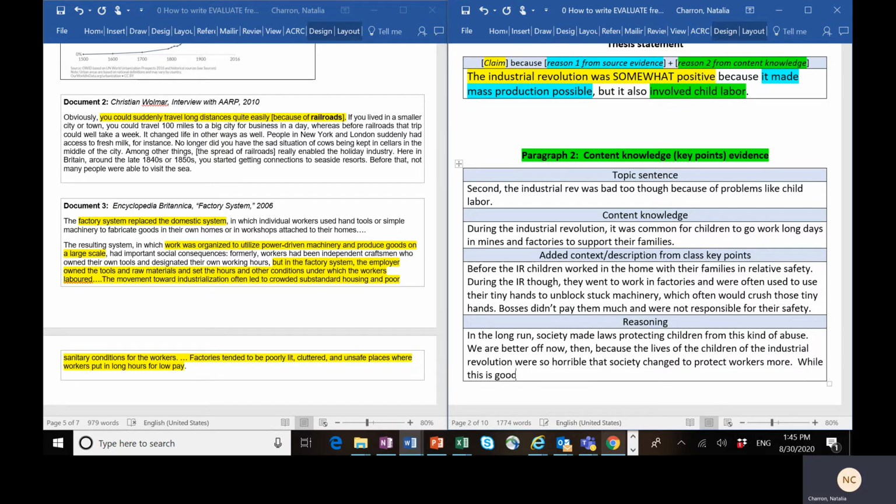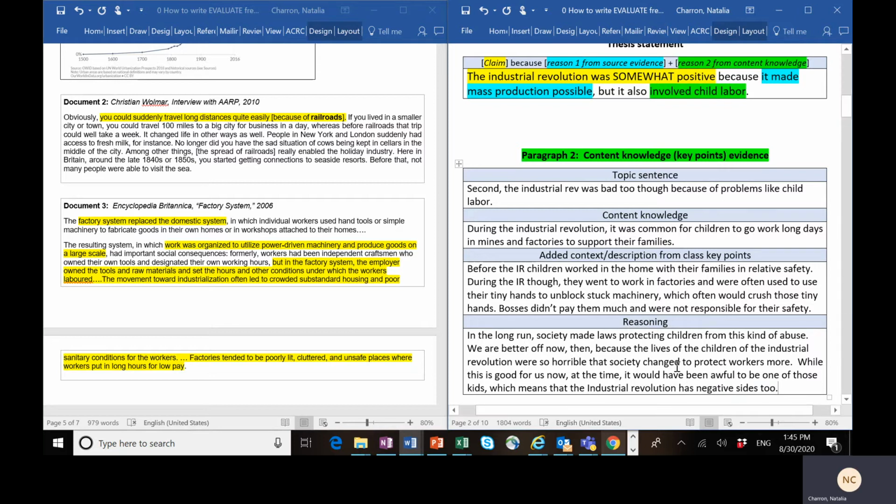While this is good for us now, at the time, it would have been awful to be one of those kids, which means that the Industrial Revolution has negative sides too, right?